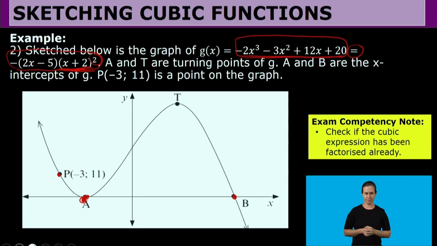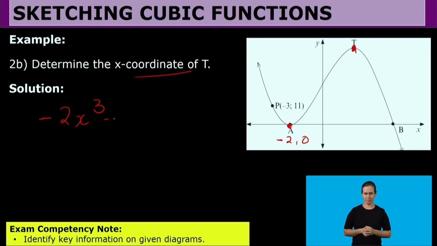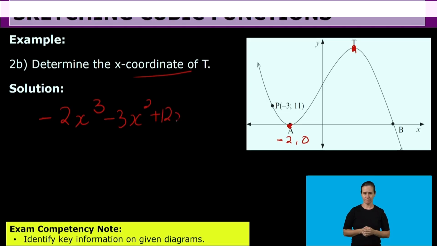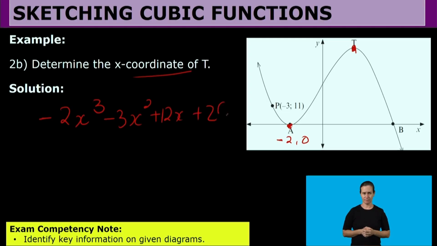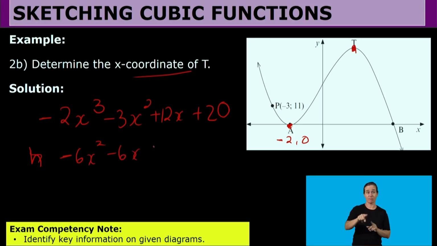So this is our expression that we need to find the derivative of in order to find the turning point. So therefore, if we take the derivative, we get minus 6x squared minus 6x plus 12 is equal to 0.